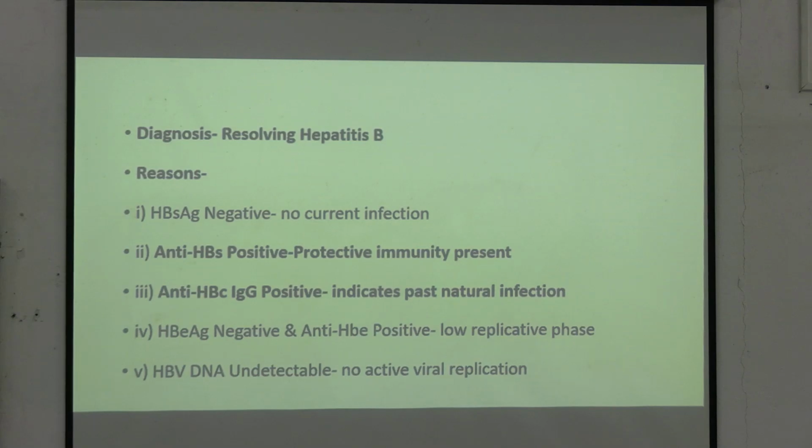Anti-HBs positive means protective immunity is present. Anti-HBc IgG positive indicates past natural infection. HBe antigen negative and anti-HBe positive means low replicative phase. HBeAg undetectable means no active viral replication.